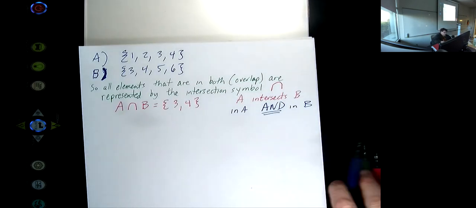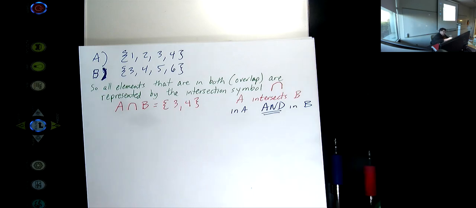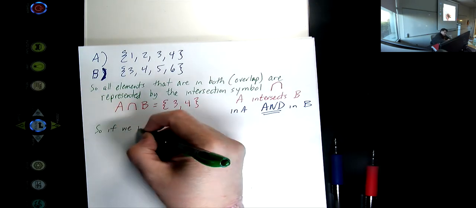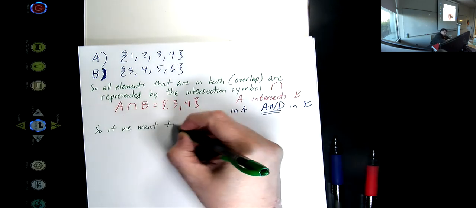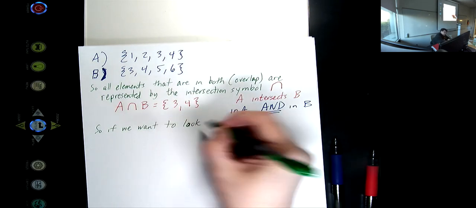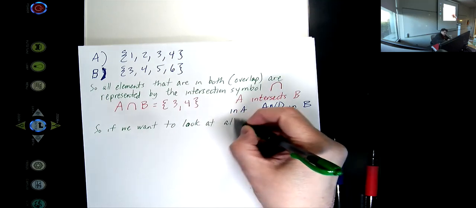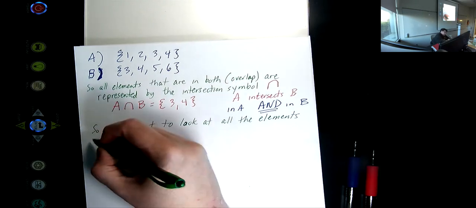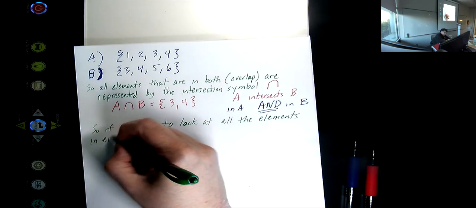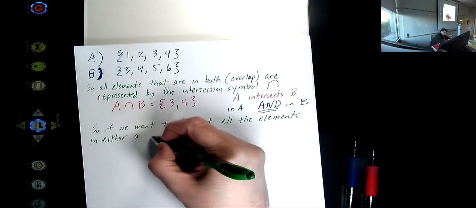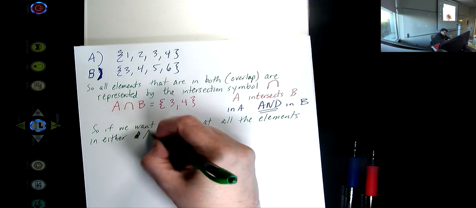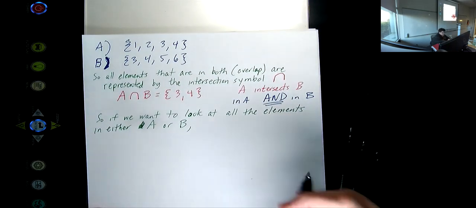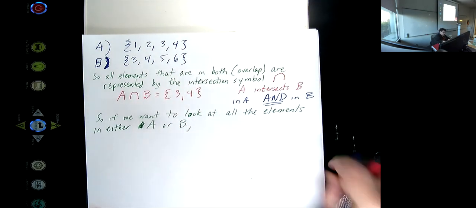The other one we use is, if we want to look at all the elements in either of them, A or B. Here we use the union symbol.